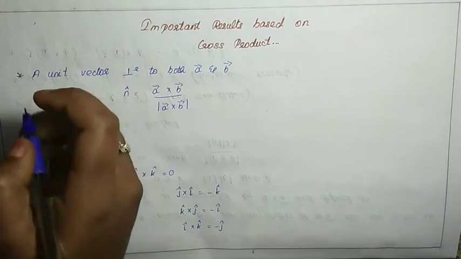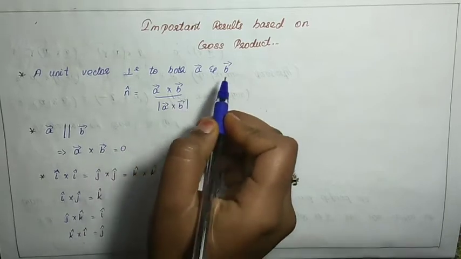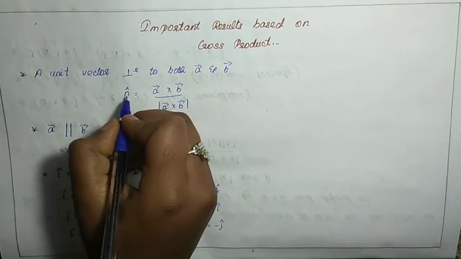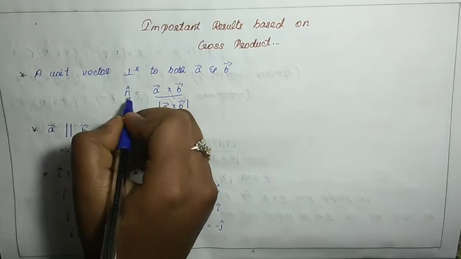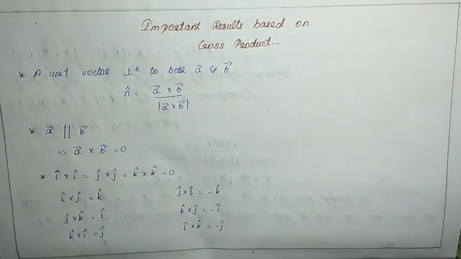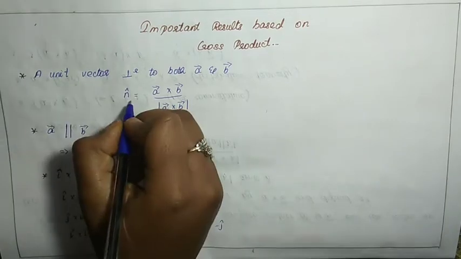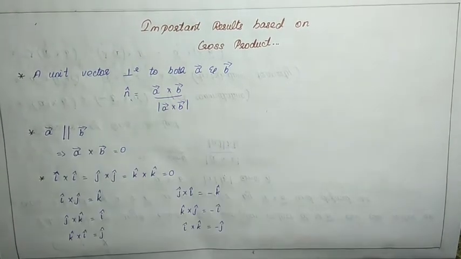Now I'm going to teach you some important results based on cross product. Okay, so first one, a unit vector perpendicular to both a and b is given by unit vector n equals a vector cross b vector divided by mod of a vector cross b vector. See, why these two are perpendicular? Because we had sine here, right? When is sine 1?